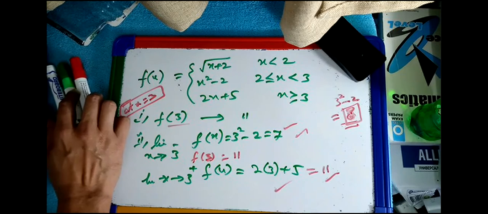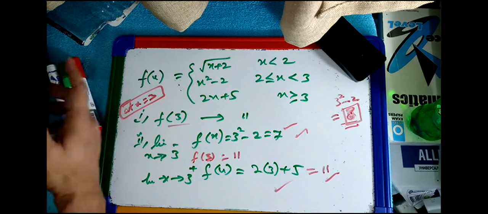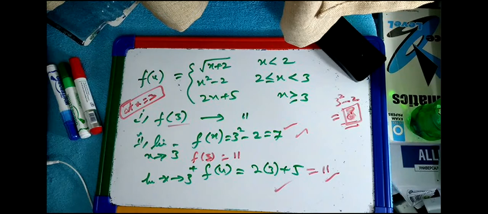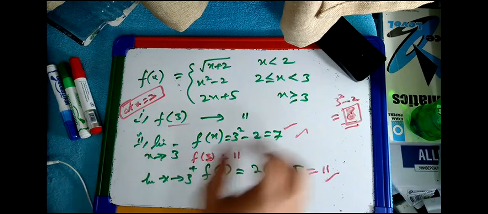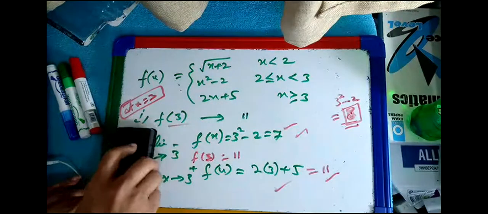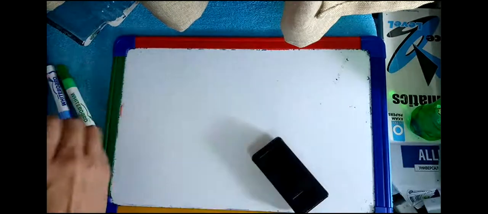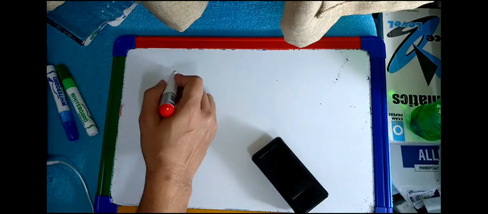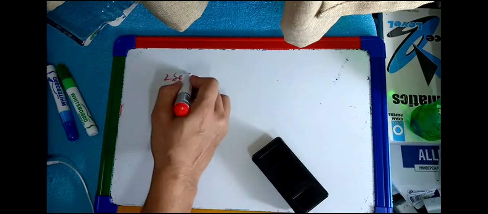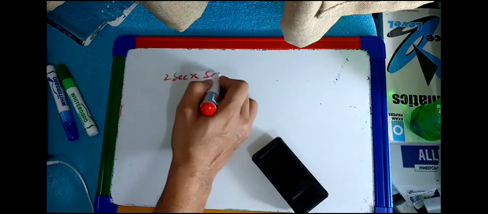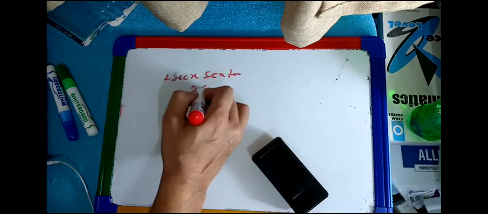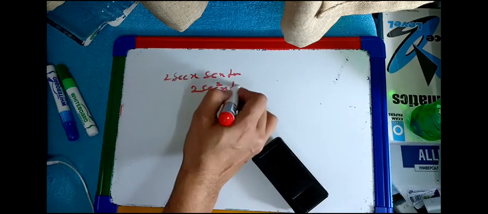No, it's not a formula. You have to do it: 2 secant x times secant x tan x. So 2 secant squared x tan x.